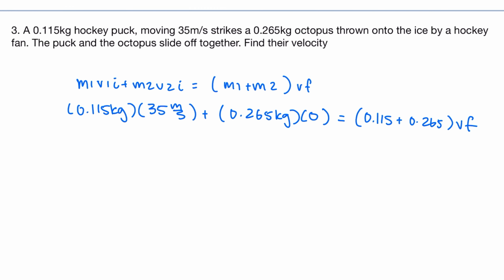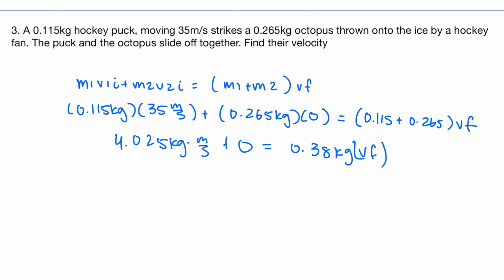So this is going to equal 4.0025 kilograms times meters per second plus 0 equals 0.38 kilograms times VF. And we solve for VF, and we're going to get 10.59 meters per second.